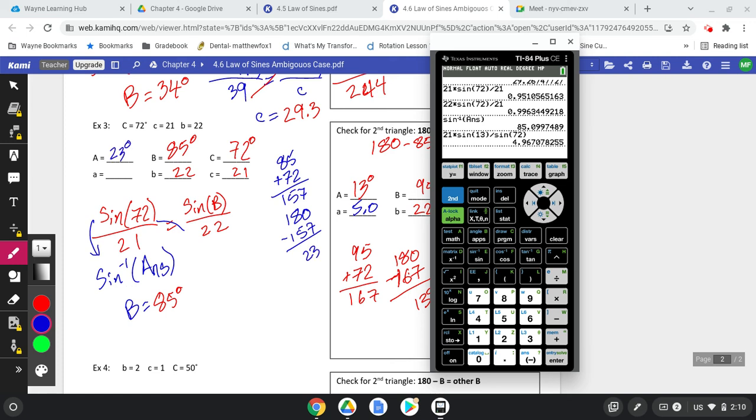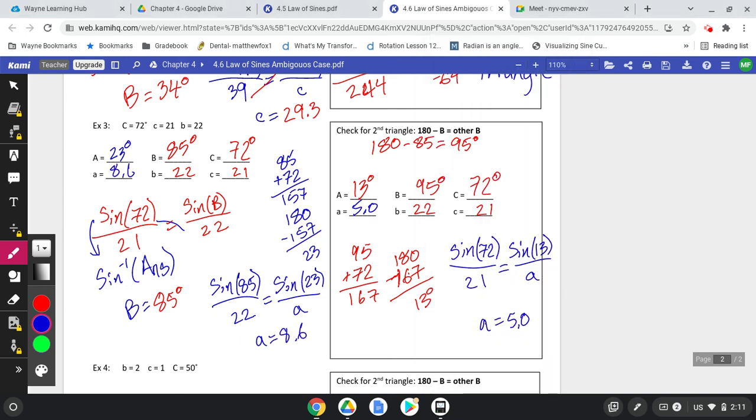Choose either column B or column C. I'll use column B. And the first thing we'll do is multiply. So 22 times the sine of 23, all that divided by the sine of 85. Close it and hit enter, and we will get 8.6.